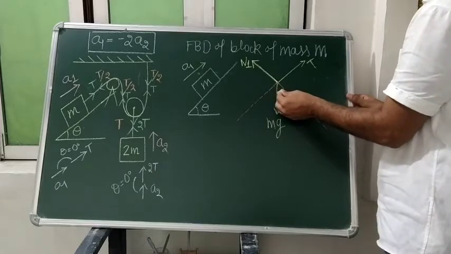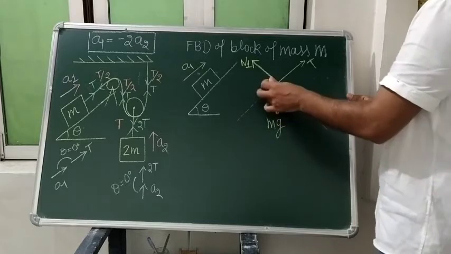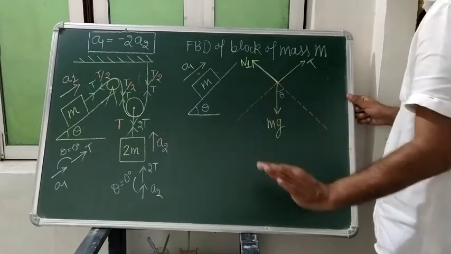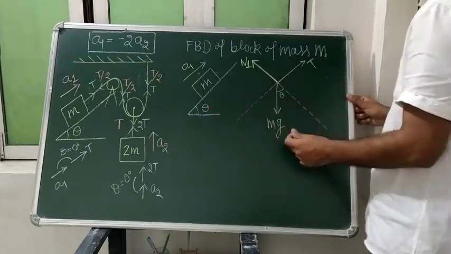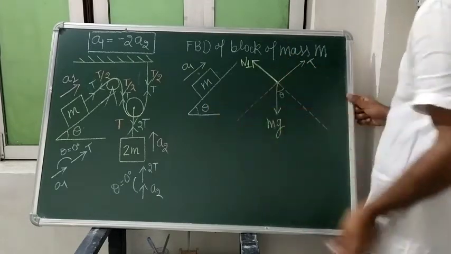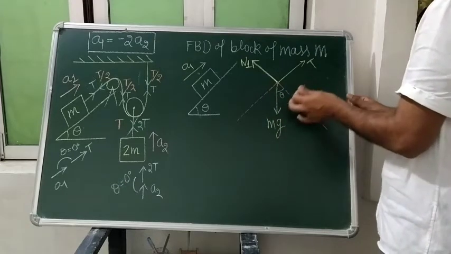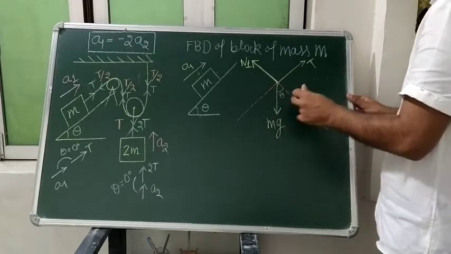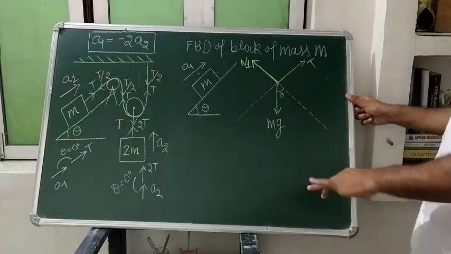So of course this will be our theta angle. If you draw this theta here, things will get changed. So remember that whatever angle this inclined plane makes with the horizontal, the same angle the force due to gravity will make with the perpendicular of the inclined plane. Okay? And that we have proved.